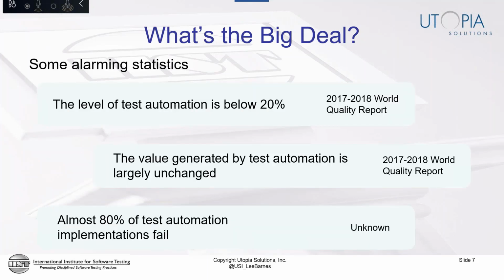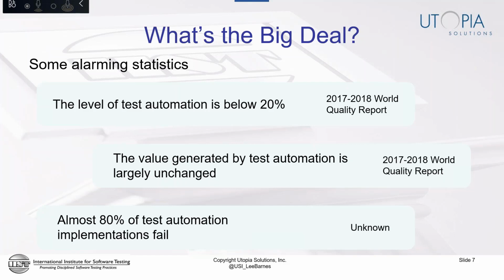But the reality is there are some very alarming statistics that go along with test automation. If we look at, again, the World Quality Report, it states the level of test automation is below 20%. And the context of that statement is really, of all the things that could be automated with respect to testing, only 20% of them are.